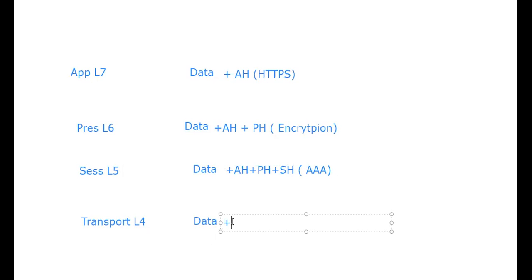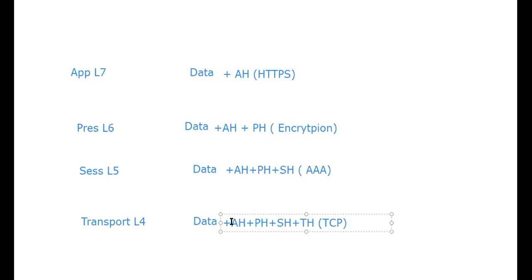They're going to add to the session layer information, which means data plus application layer header, then presentation layer header, then session layer header, then the transport layer header, which means the transport layer protocol, whatever it is. For example, TCP will come across, inshallah.